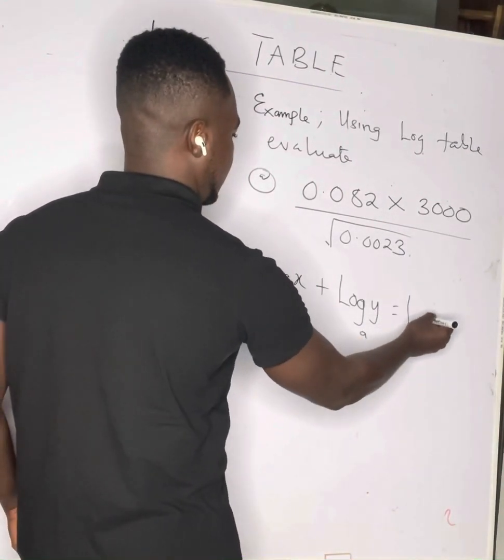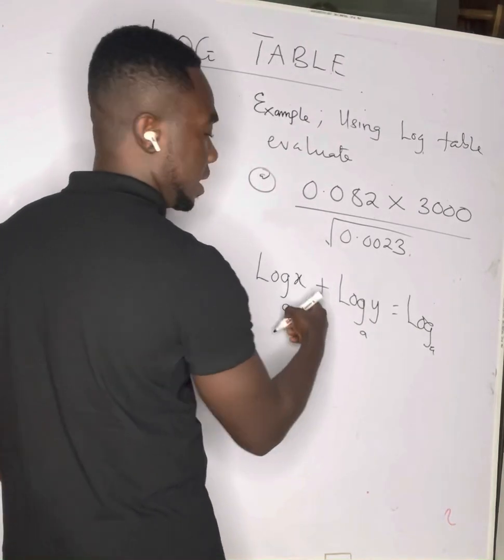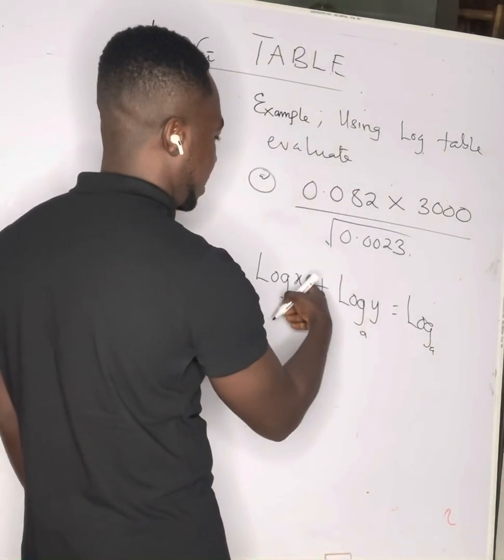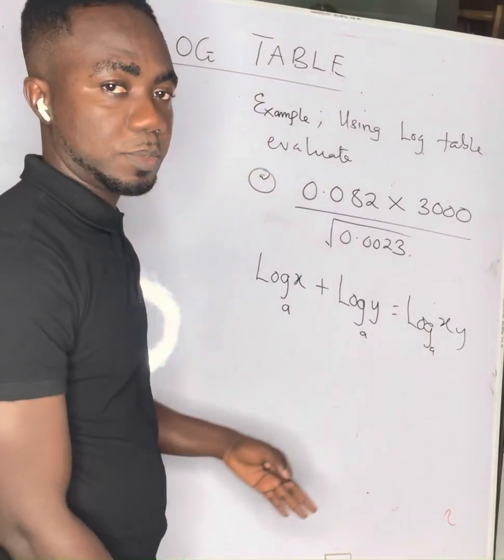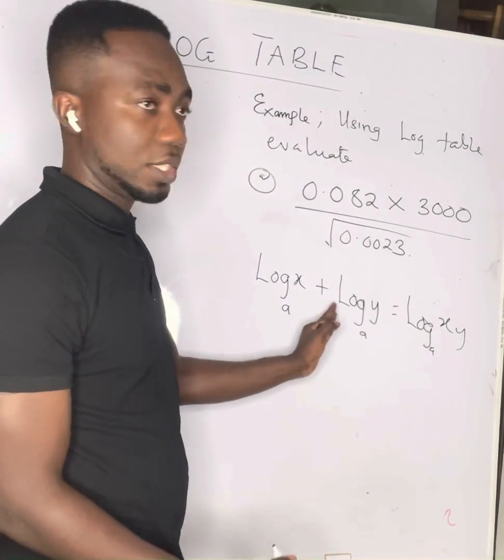So log base a out, then the addition turns to multiplication, multiply the numbers x, y. So this is the first property, addition of log.